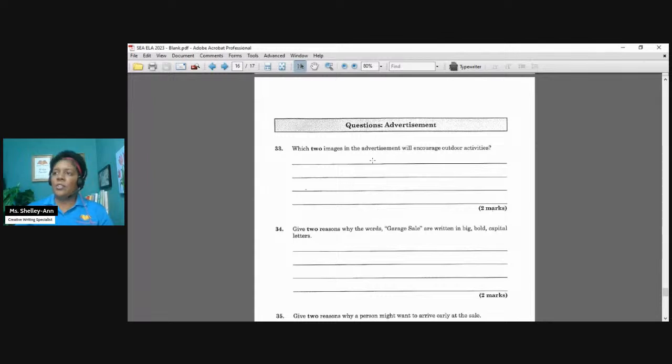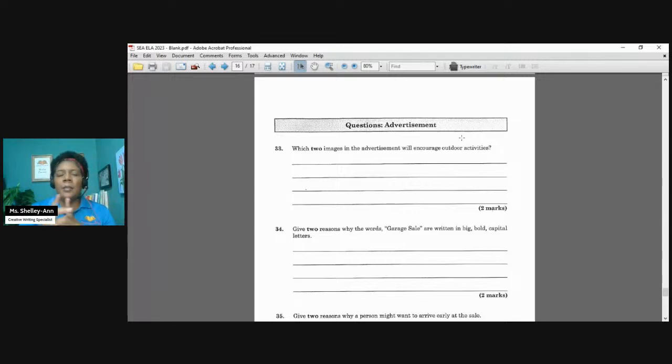We have this question: which two images in the advertisement will encourage outdoor activities? Immediately you see it's an identification kind of question, but it's also requiring the student to interpret. When we're talking about encourage, this is a persuasive kind of thing. What would entice somebody to engage in outdoor activities?